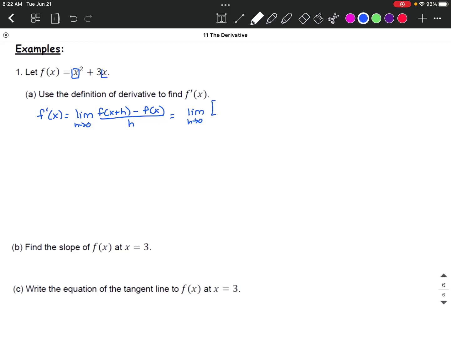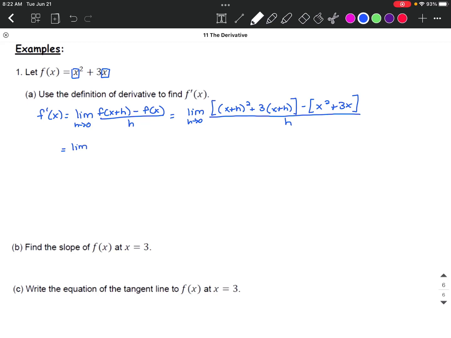Every place there was an x here, we have to put x plus h. So it's the quantity x plus h squared plus 3 times, instead of x, we put x plus h. That's our function f of x plus h minus our original function f of x, which is x squared plus 3x, all over h. Now we have a bit of algebra to do.